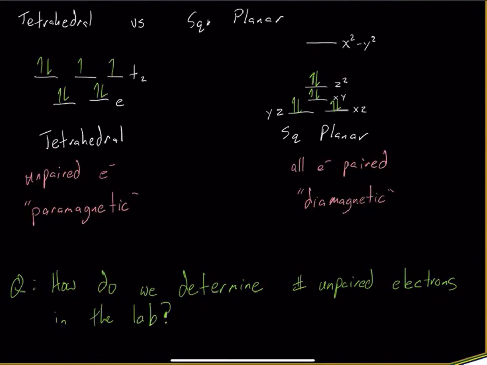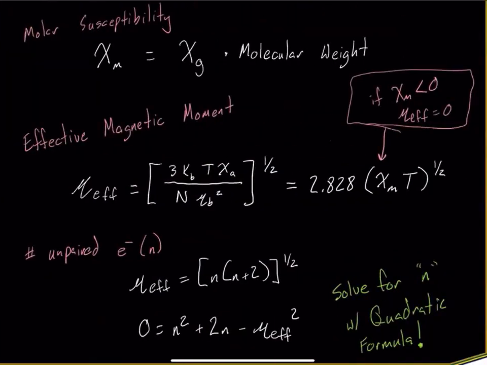So what is the next thing that we can do, right? How can we determine the geometry of our square planar complex itself? Right, so we said there's both a cis and a trans version of our square planar geometry.